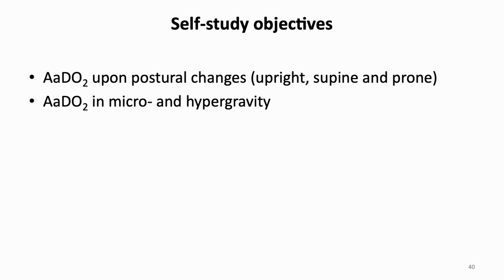Much of this has to do with the impact of gravity as we are exposed to it here on Earth, but studies in micro and hypergravity actually provide some pretty enlightening insight into this as well. So I recommend that you study that as well.